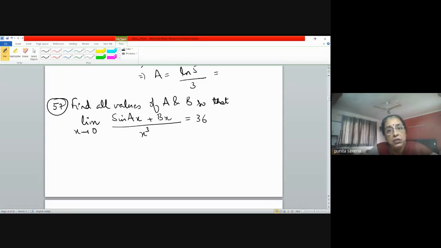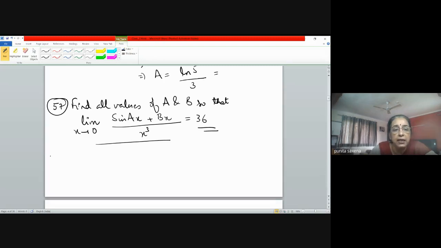By using two conditions. What are the two conditions? The two conditions, number one, saying that the limit exists. That is my first condition. And number two, saying that the limit must be equal to 36. So somehow we have to use these two conditions, translate or convert those conditions into equations, solve those equations to get the values of a and b. This is the objective. Okay.